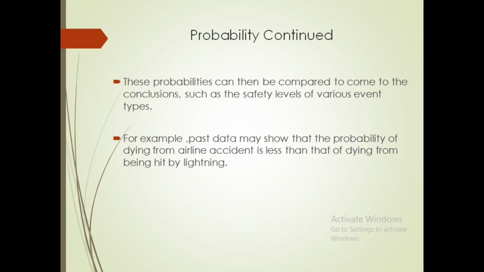That is, when we have calculated two things separately, the probability that a person is going to die from an airline accident and the probability that a person is going to die from lightning, in the past record we can compare the two and come to the conclusion that dying from an airline accident is less likely than dying from being hit by lightning.